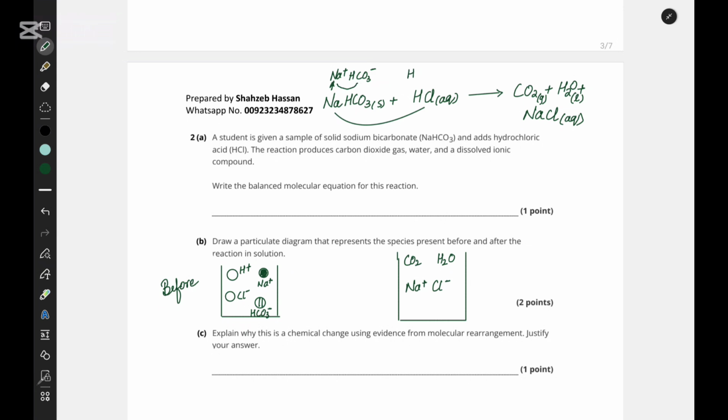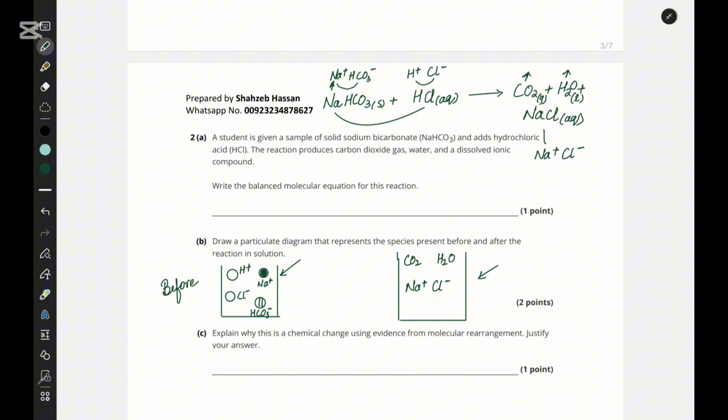In HCl, it is hydrogen ion and chloride ion. So I have just shown here that these ions are present before, and after it is going to be CO2, H2O, and in NaCl it's going to be Na positive and chloride ion, which I have shown in this beaker.